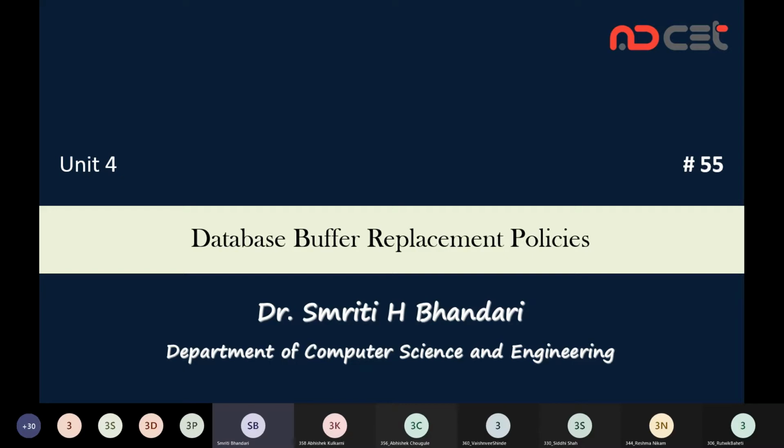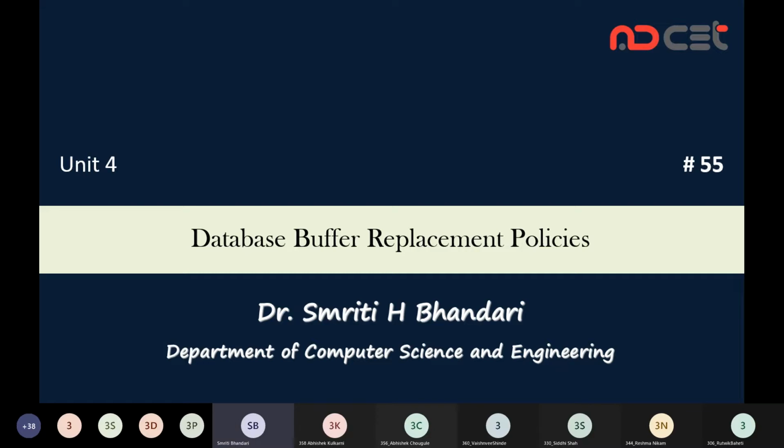And the subsystem responsible for the allocation of buffer space is known as buffer manager. Also, buffer manager is responsible for bringing in the data block that is requested by the application program, and also for sending back the data block from buffer to the disk.